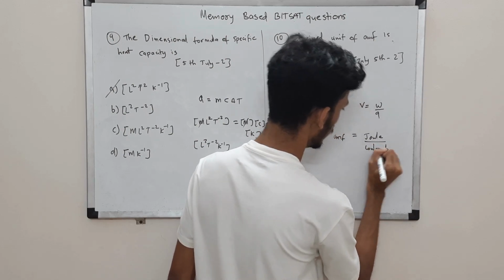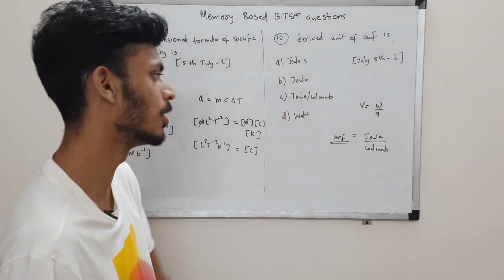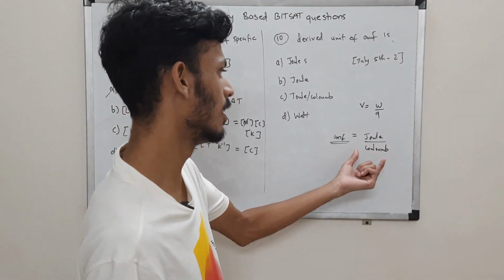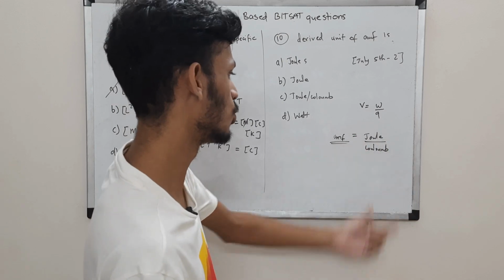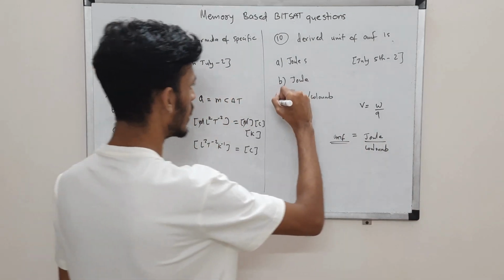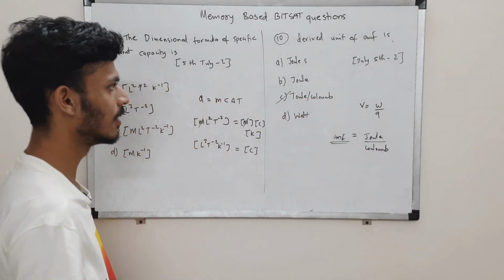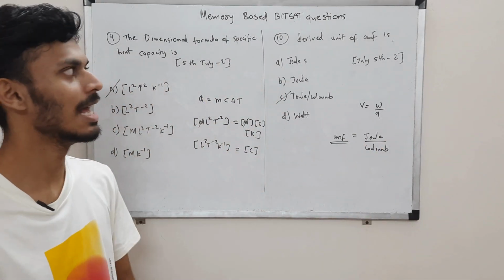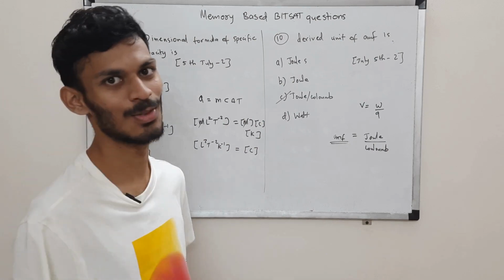So the derived unit for EMF is joule per coulomb, or volt. Further you can simplify this, but in the options we have joule per coulomb, so joule per coulomb is the correct choice. Over to the next question.